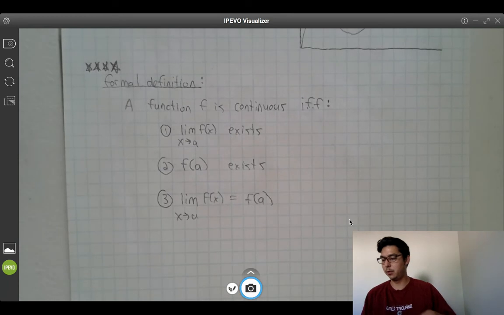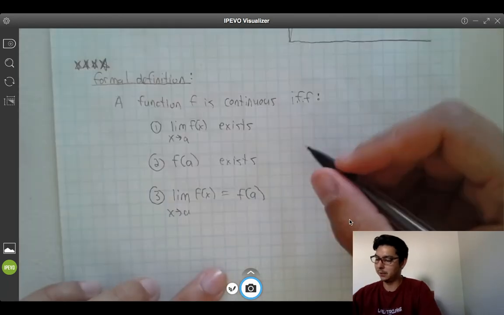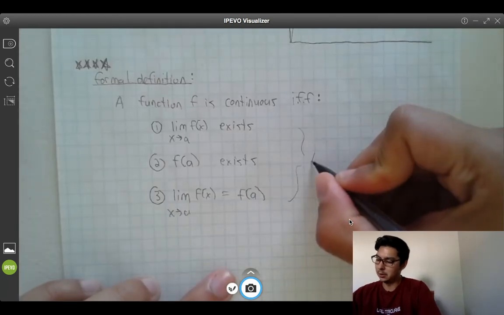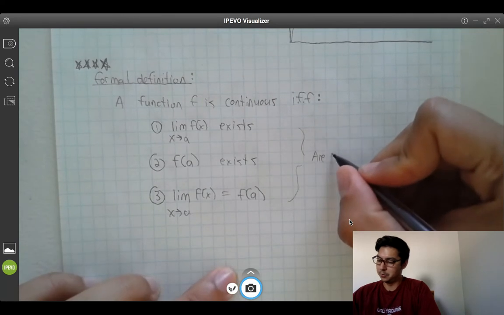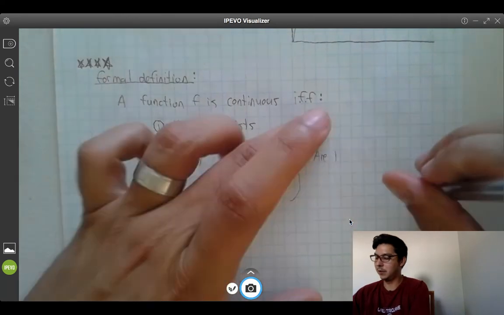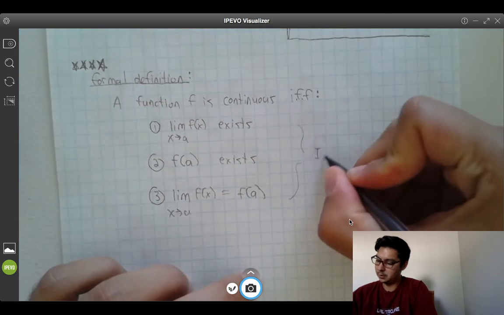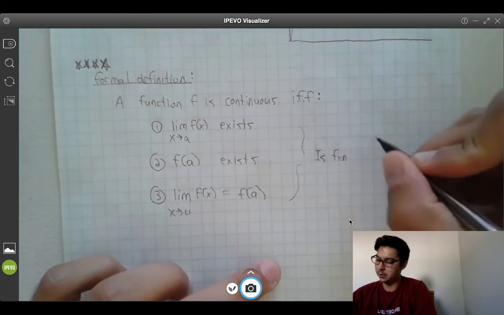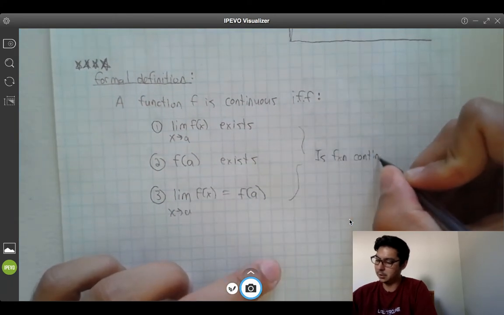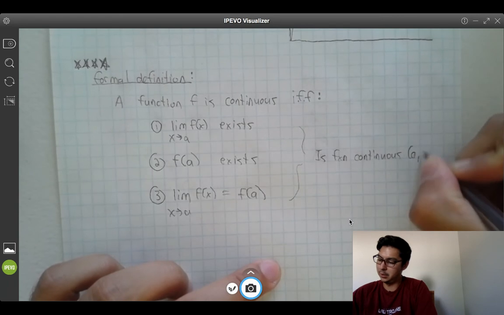Anytime you want to prove continuity, so if it ever asks, is this function continuous on a to b? Is the function continuous on some interval a to b?